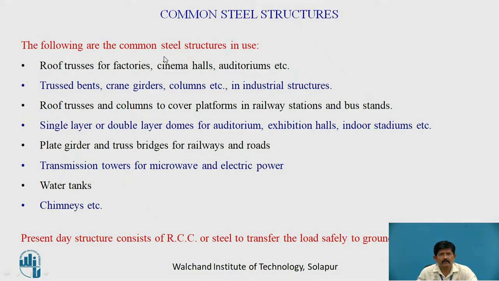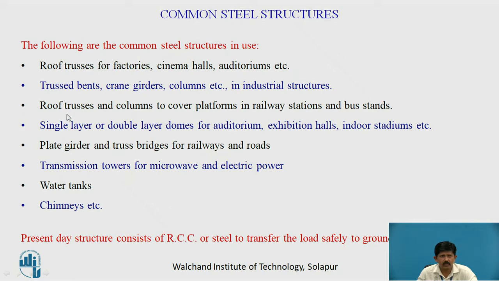The following are the common steel structures in use: roof trusses for factories, cinema halls, auditoriums, etc. Then trussed bents, crane girders used in industrial buildings, and columns in industrial structures. So, these are common types of steel structures.